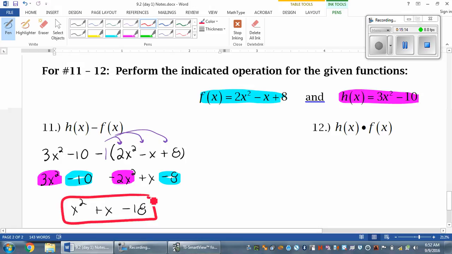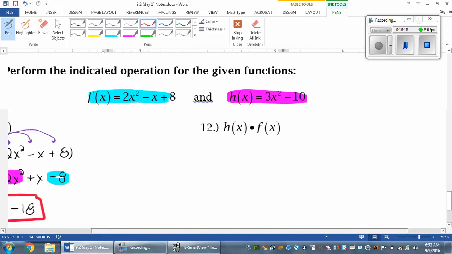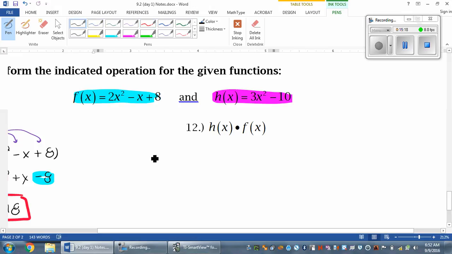Alright, last question, and then we can start our homework. Alright, so h of x, again, you are going to put this in parentheses, times f of x, parentheses, 2x squared minus x plus 8. We do not put the multiplication symbol on there because when two parentheses are next to each other, we know that means to distribute.